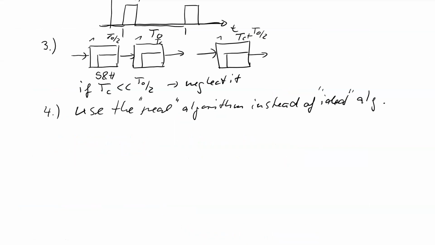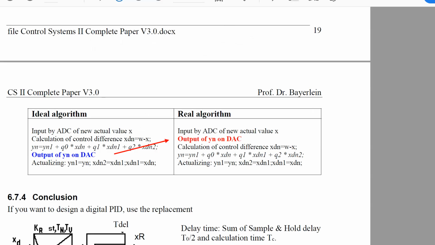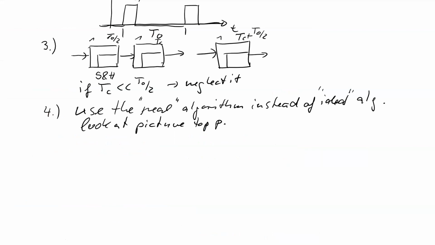So in other words, look at the picture at the top of the page, page 20. The consequence is that TC is then a complete sampling time, so larger than possible, but hardware independent.